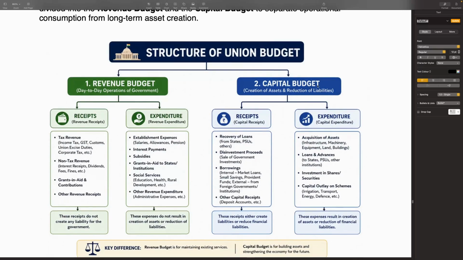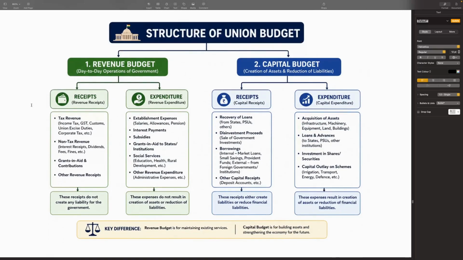Structure of Union Budget: revenue budget and capital budget. If you can go through this. Revenue budget: receipts and expenditure. In receipts you have tax, non-tax, grants-in-aid and contributions, and other revenue. In expenditure, you have establishment expenses, salaries, allowances, pensions, interest, subsidies, grants-in-aid to states, social services, and other revenue.